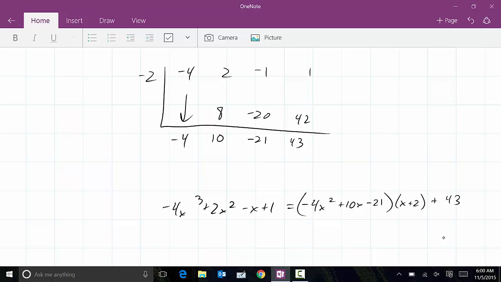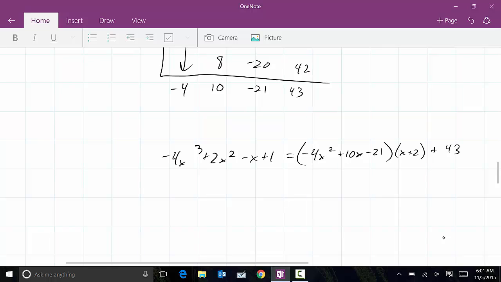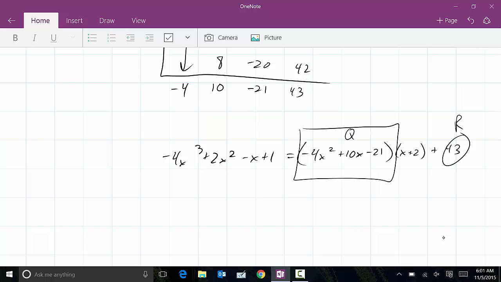What's important to keep in mind is that if the remainder is 0, then the divisor was actually a factor of the original polynomial. In other words, if this had been 0, then the divisor is a factor of the original dividend. The point is that the quotient is here, and the remainder is here.